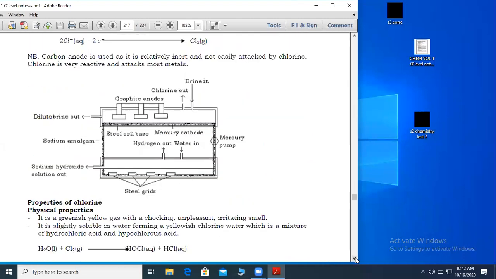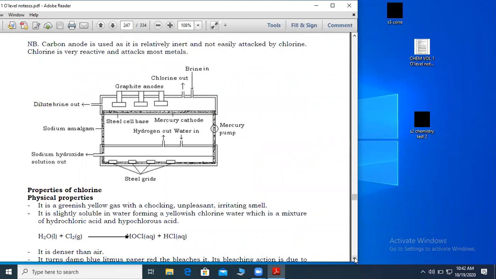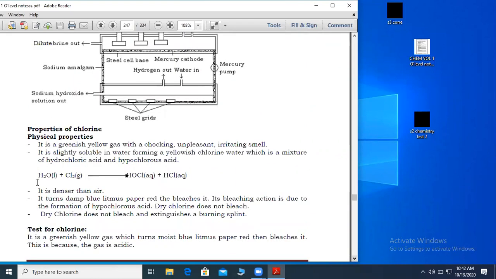So I want us now to look at physical properties of chlorine. We have already said when we were starting that it is a greenish yellow gas, and it has a choking smell or unpleasant or irritating smell. Many of you have taken water which has just been treated with water guard.